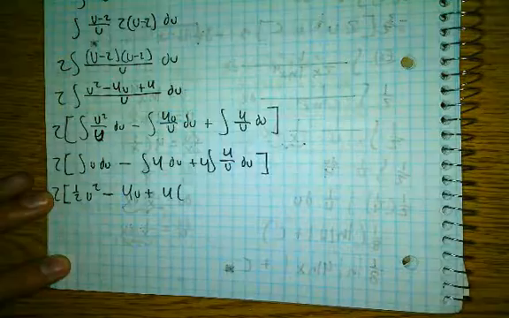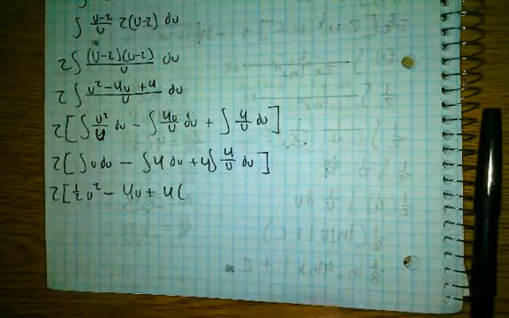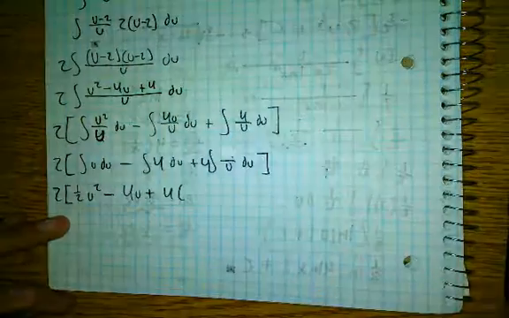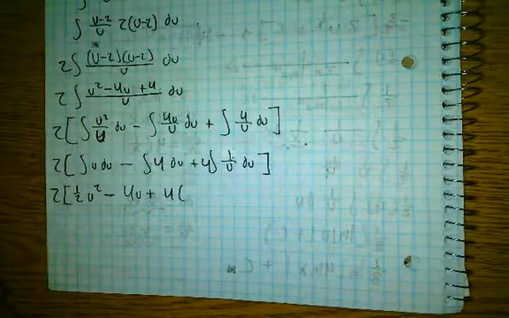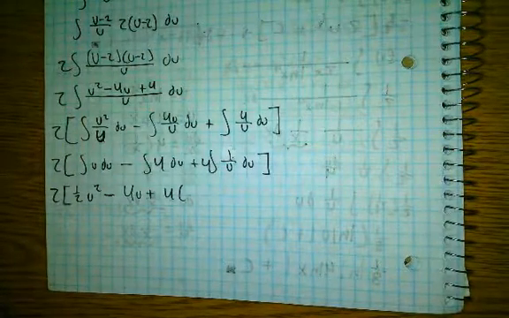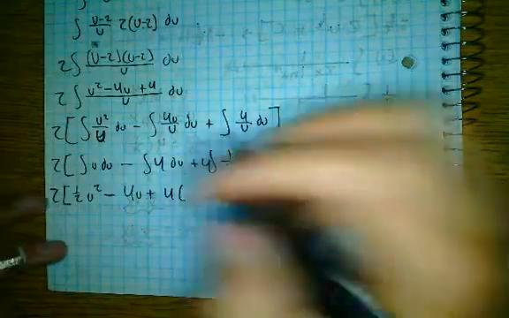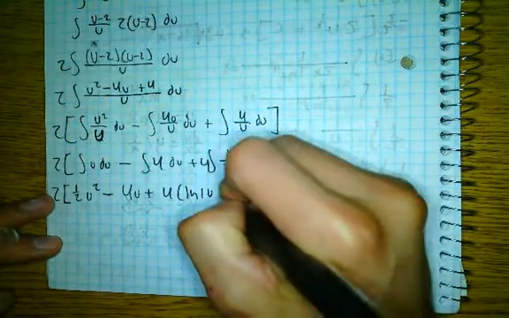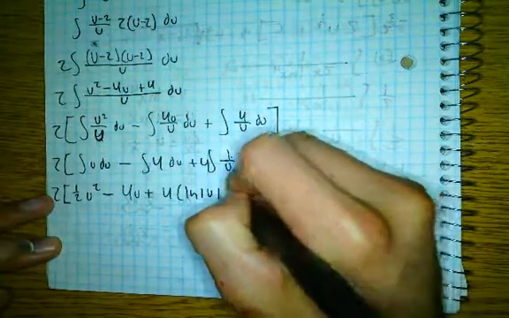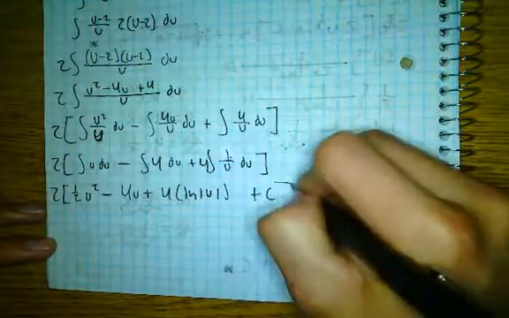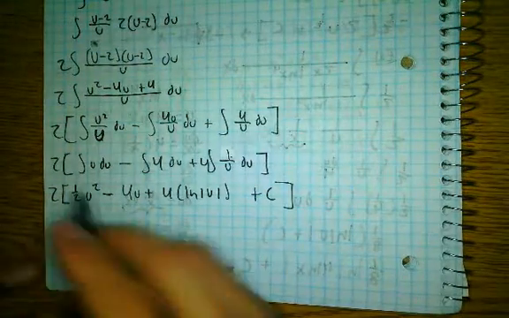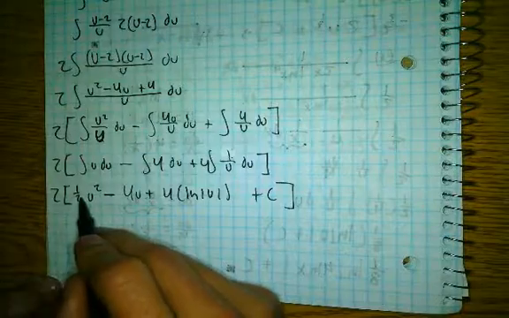Natural log of the absolute value of u plus c. Right? That times that is going to cancel out. So u squared minus 8u plus 8 ln absolute value of u plus c. Right?